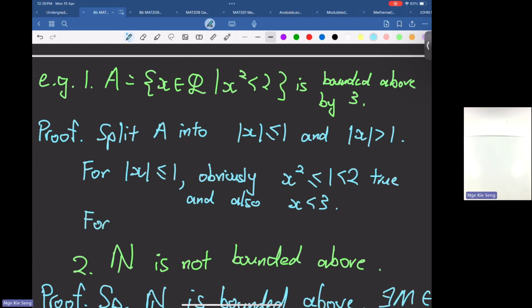But for x greater than 1, how are we going to prove that x is less than 3?